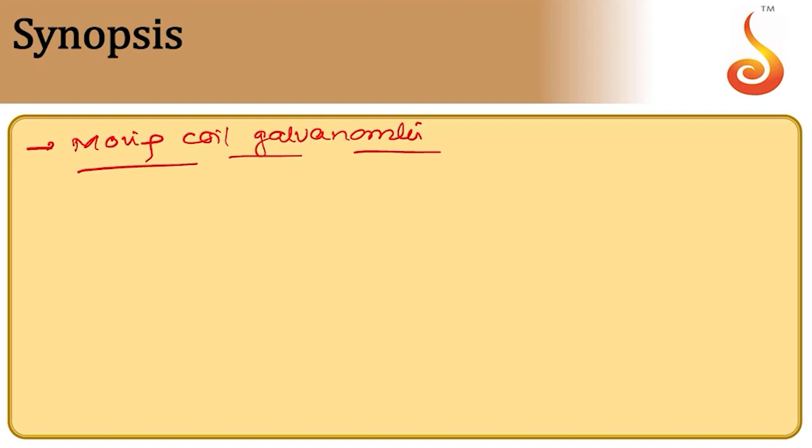This idea is used in the moving coil galvanometer. It basically consists of a rectangular coil of a large number of turns of fine insulated copper wire wound over a non-magnetic metallic frame, and this is suspended by a very long and thin wire between the pole pieces of a permanent magnet. The current deflects the coil, and thus the deflection serves as a measure of the current.